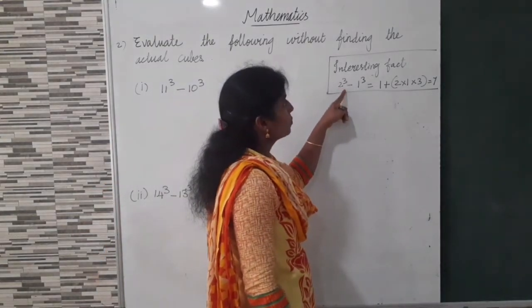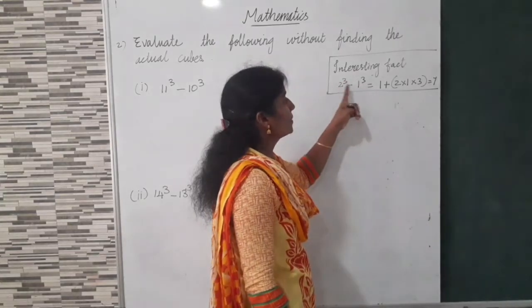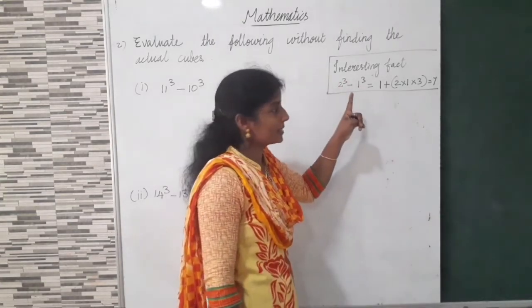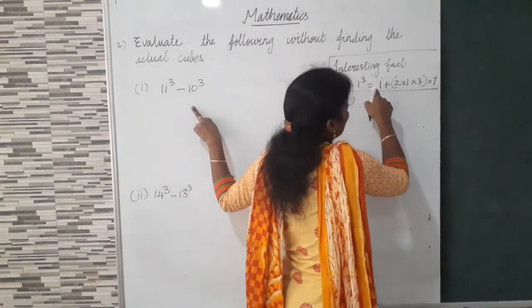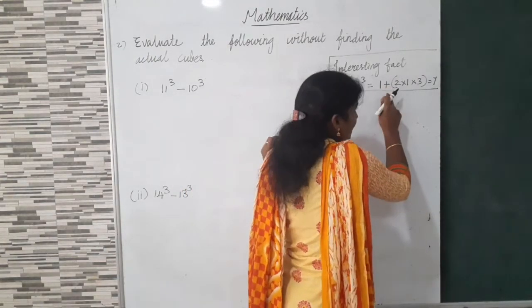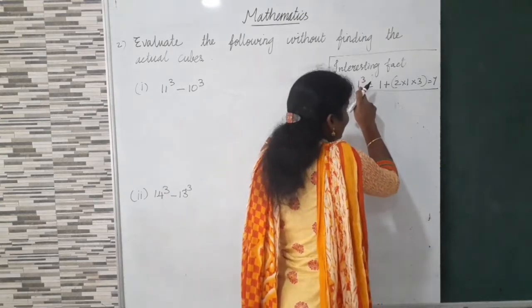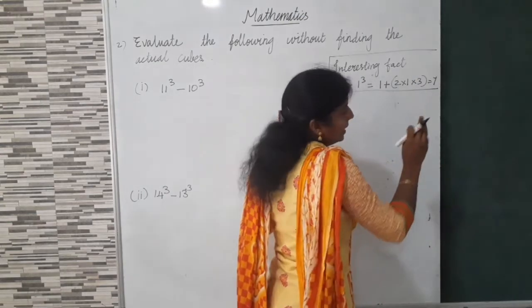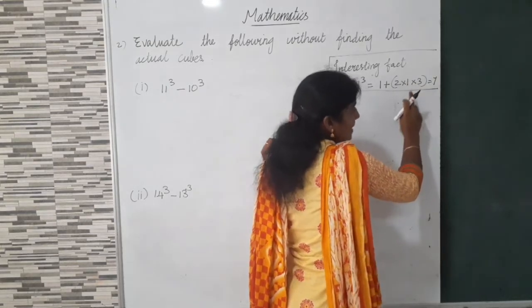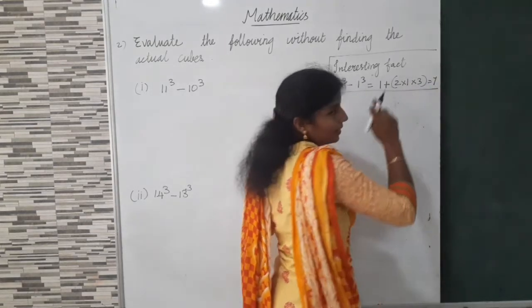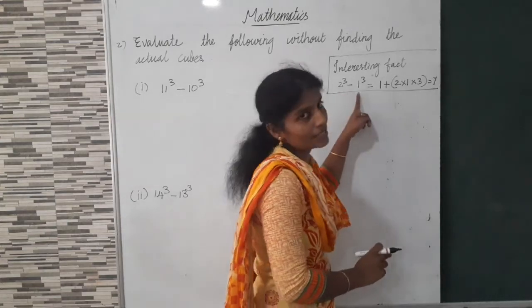That is 2 cube minus 1 cube. 1 and 2 are consecutive numbers. Now here 2 cube minus 1 cube is equal to 1 plus 2 into 1 into 3, equal to 1 plus 2 into 3, 2 3s are 6, 6 plus 1, 7. Okay, we can use this interesting fact.